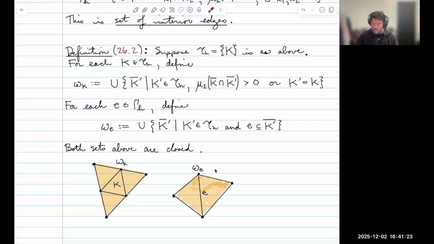Or k prime could actually be equal to k. So they have to intersect at an edge, which is non-trivial, or k prime has to be equal to k.